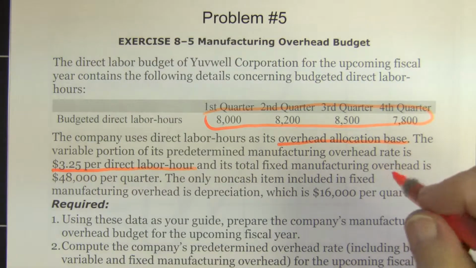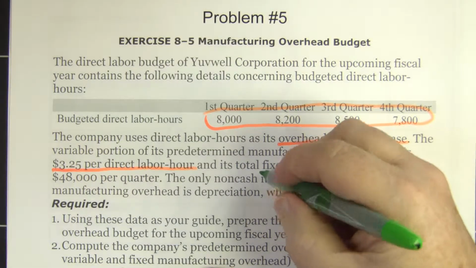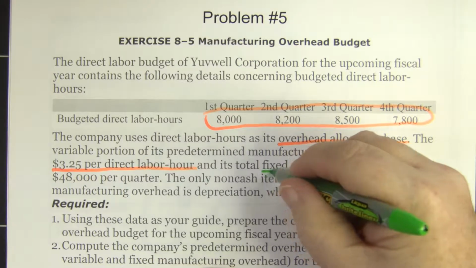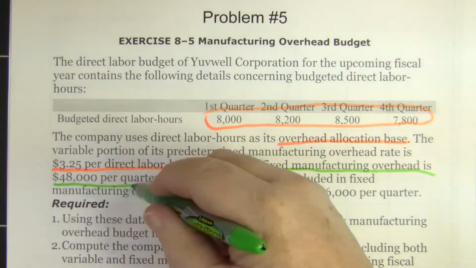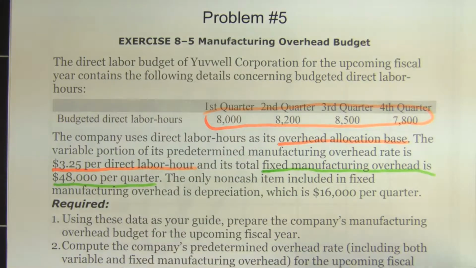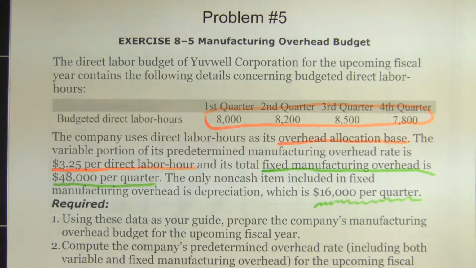And its total fixed manufacturing overhead is $48,000 per quarter, and of that $16,000 is depreciation, non-cash.